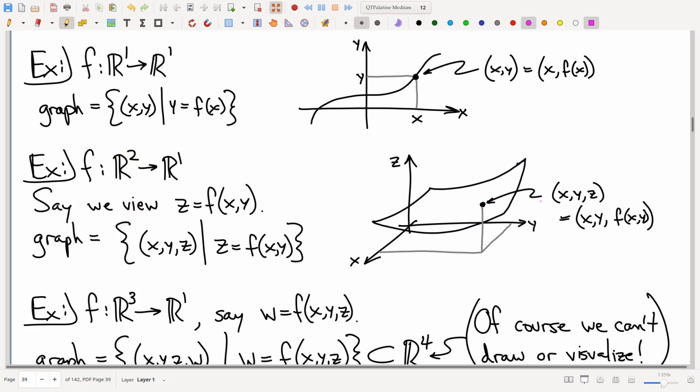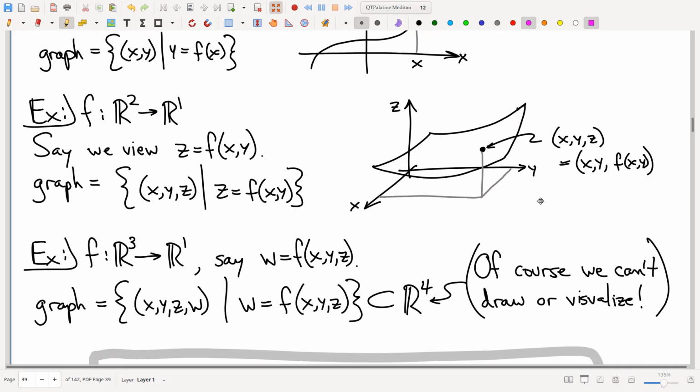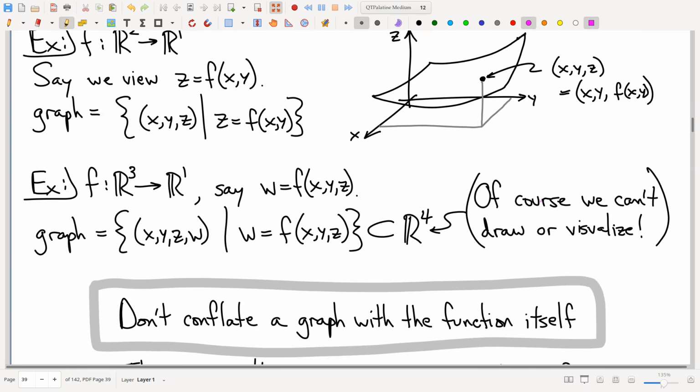Okay, now, familiar idea, we like it, but here's the problem. If you were to have as many as 3 input variables, notice that means you would have a total of 4 variables, 3 in, 1 out. Note that makes a 4-dimensional picture.